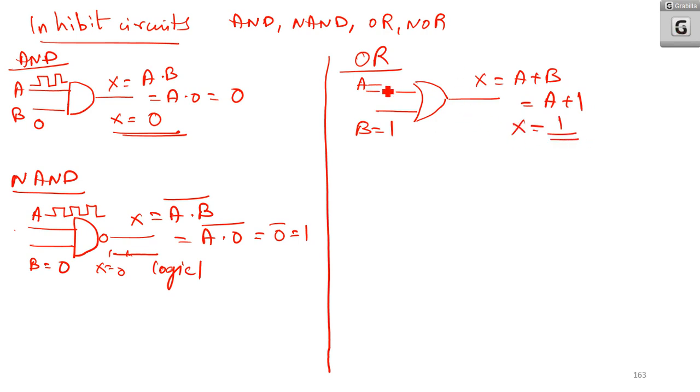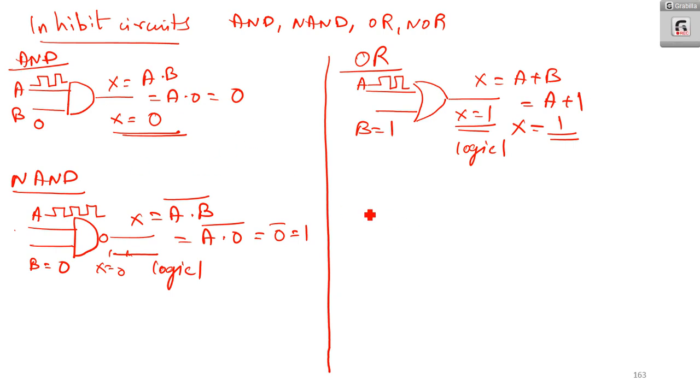So whatever is coming in A, the output will always be in logic 1 state. Therefore whatever is coming in A is not allowed to go to the rest of the circuit. That is made to logic 1. Okay. So inhibit using NAND gate as well as inhibit using OR gate is exactly the same operation.